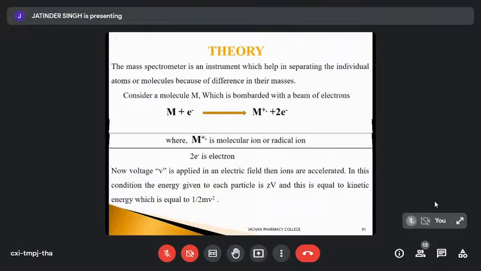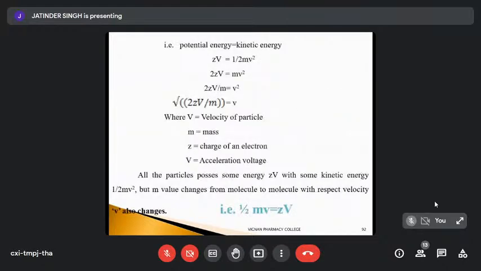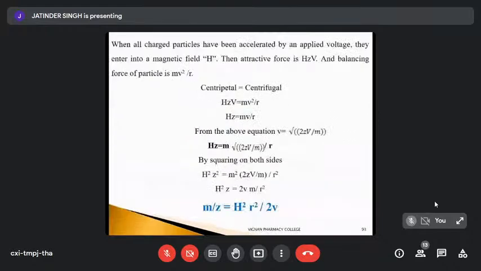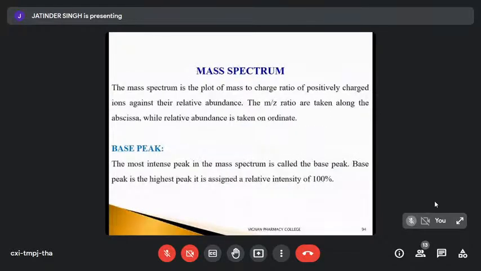And depending on the mobility of this ion in the vacuum tube, different ions get separated. Depending on the mobility, that is half mv squared is equal to zV, we allow the ions to move into the electric field and magnetic field, and depending on their mass by charge ratio, these ions get separated.